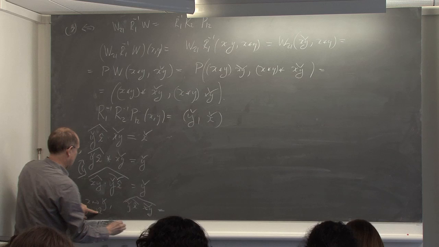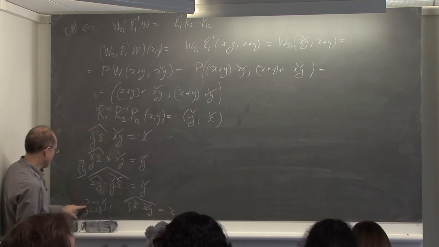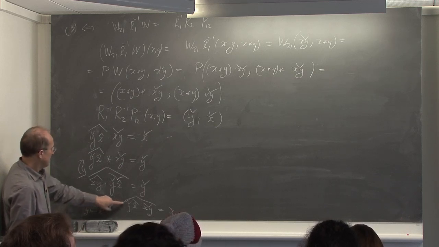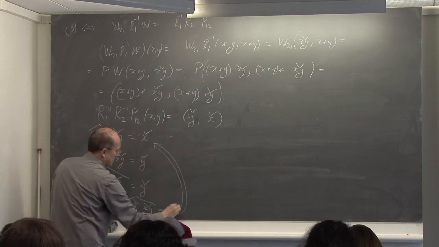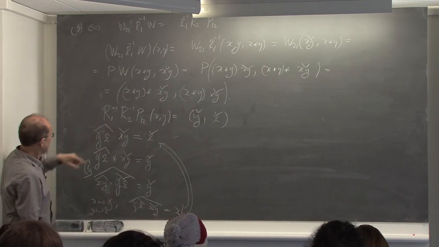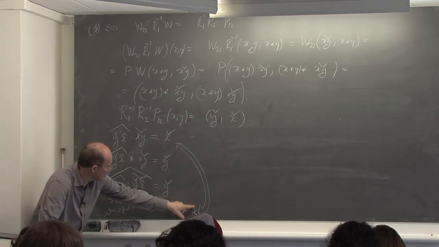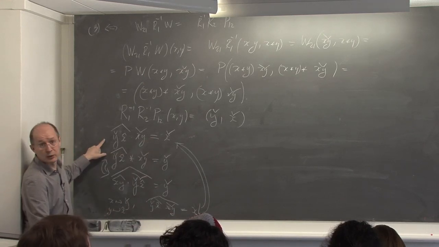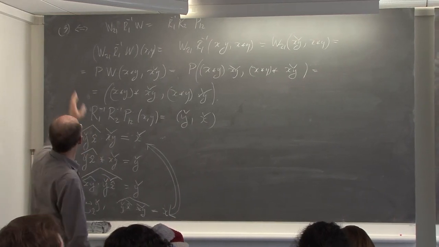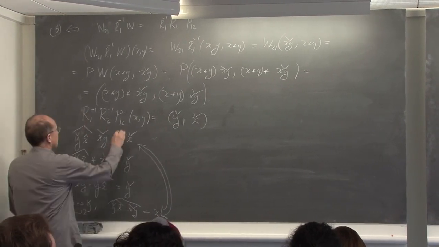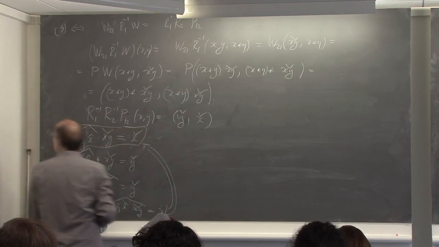Y check should be equal y. Y check should be x. And this is the same thing as this. Right? Because this hat can be put as a check over x, and then we come back to here. So at least relation 3 now is satisfied due to this relation.